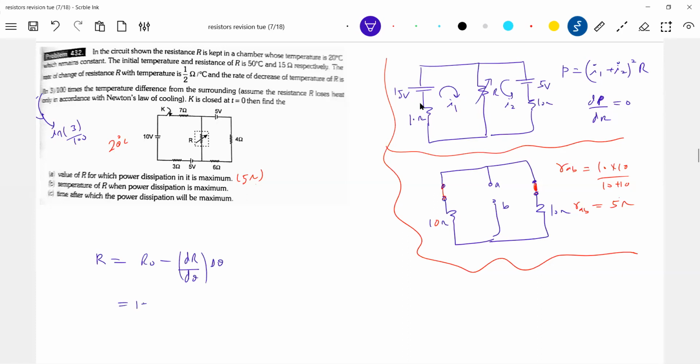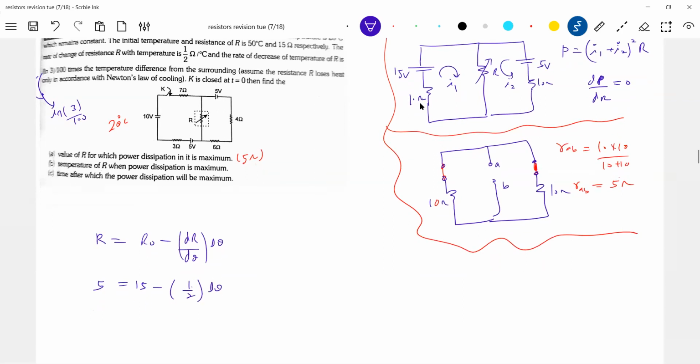What was the initial value? 15, and dR by d theta is equal to how much? 0.5, that is 1 by 2. So when power dissipation is maximum, it is asking the temperature. What is the resistance when power dissipation is maximum? 5.